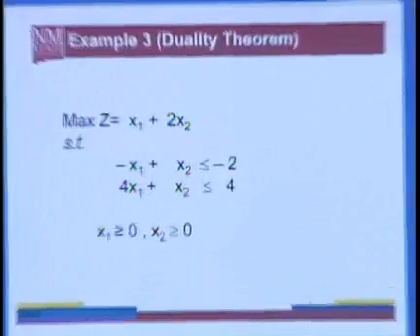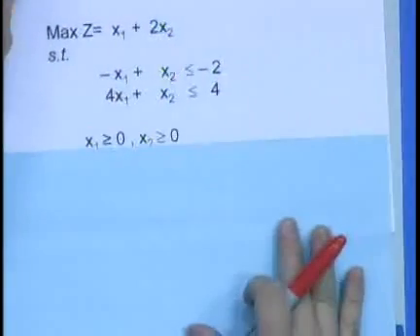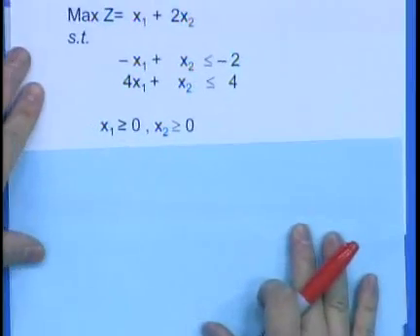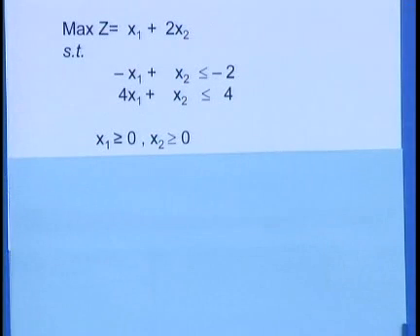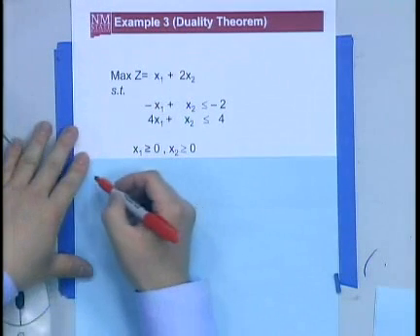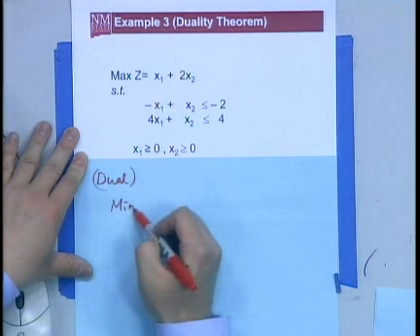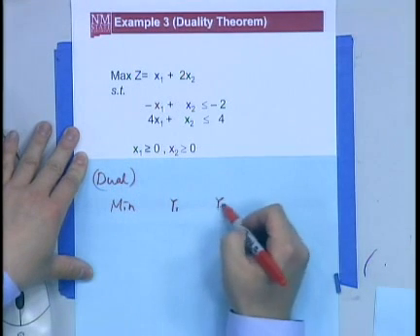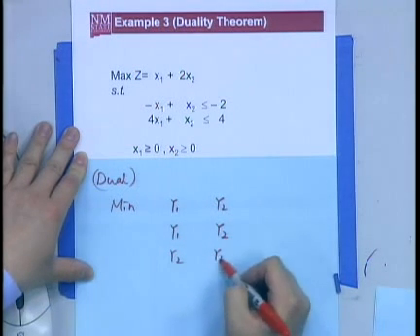Okay, now let's try to construct the dual LP. Again, we can see that the dual problem is a 2 by 2 minimization problem, right? So y1, y2, and we have two constraints, right?